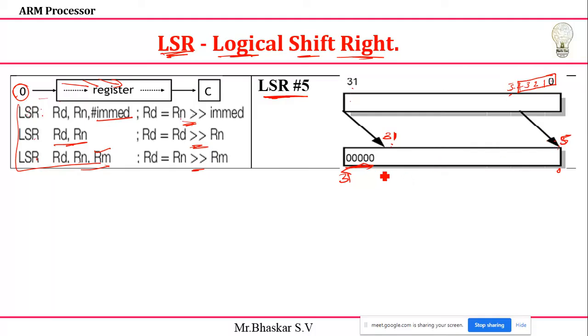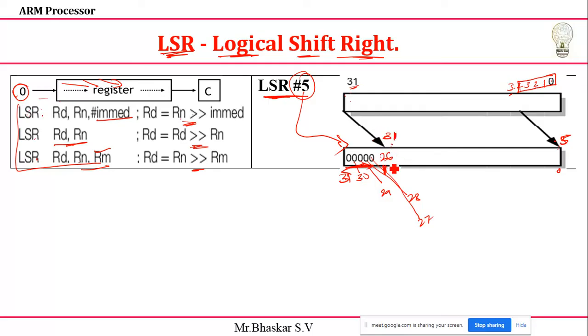And what is the position value? Here you just tell me. The 31st bit of the destination register, which bit will it come to? It's the 31st bit, 30th bit, this is the 29th bit, 28th bit, 27th bit. So it will come to the 26th bit, because 26 plus 5 is 31, right? 5 zeros you are adding at the right side.